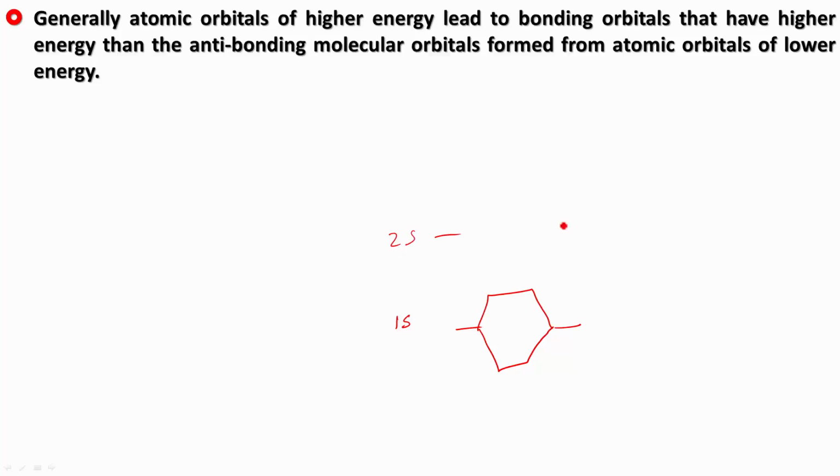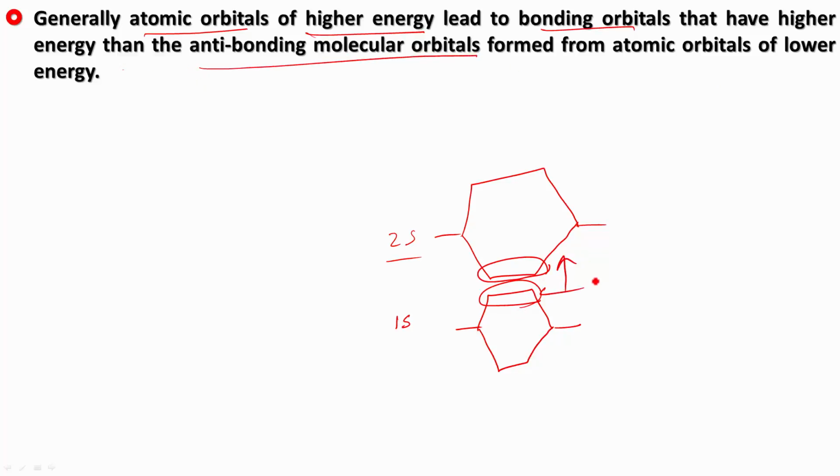If I have 2s, the bonding of 2s is higher energy than the antibonding of 1s. So atomic orbitals of higher energy lead to bonding orbitals that have higher energy than antibonding molecular orbitals formed from atomic orbitals of lower energy.